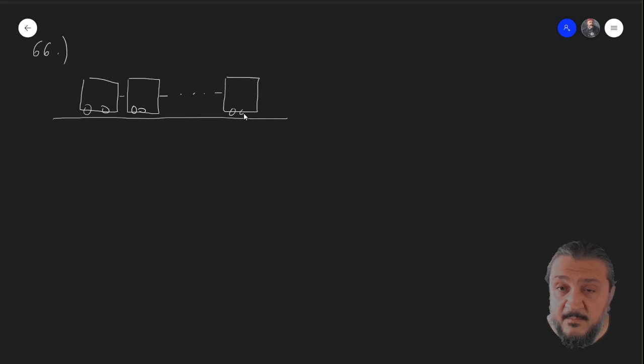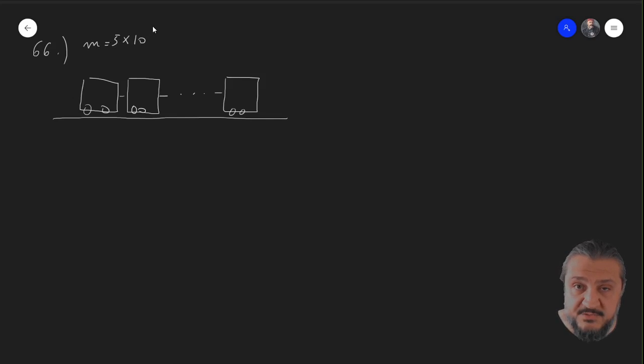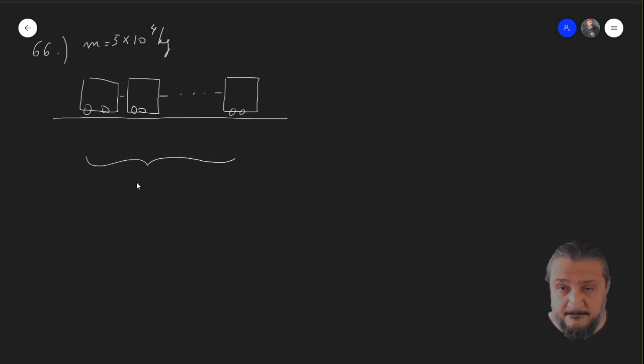So, okay, there are 20 of them, each having a mass of 5 times 10 to the 4th kilograms, it says. But there are 20 of them. And there's a constant force acting on these cars.